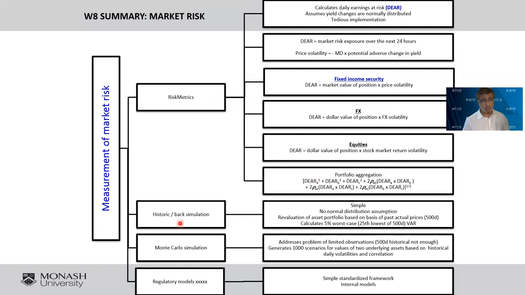So we move to something called historic or back simulation, which solves part of the problem, but it has its own problems. This is statistical based, econometrics based. This one has no statistics; it is simulation, which means we also solve the problem created by historic and provide a better model called Monte Carlo simulation.